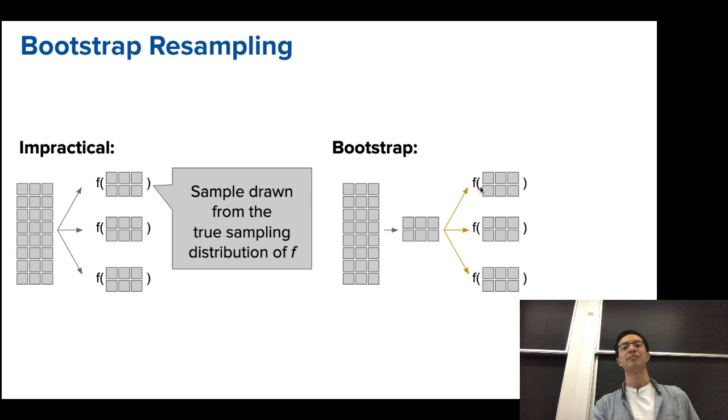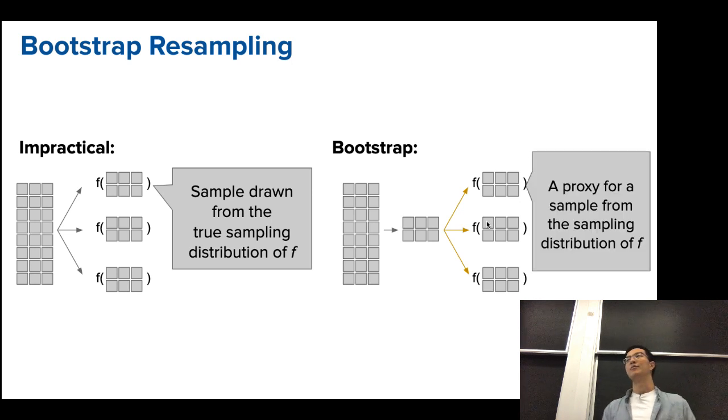Then we can compute the means of these resamples, and that is our estimate for that distribution. So this on the right-hand side is trying to estimate what's on the left-hand side. And if our sample is drawn randomly and it's relatively large, then we'll do a pretty good job most of the time.